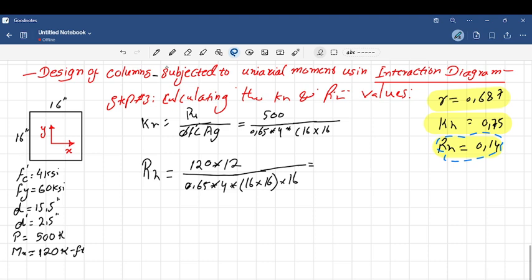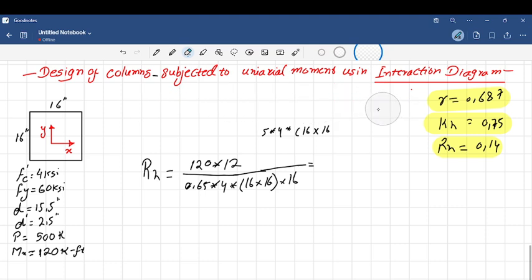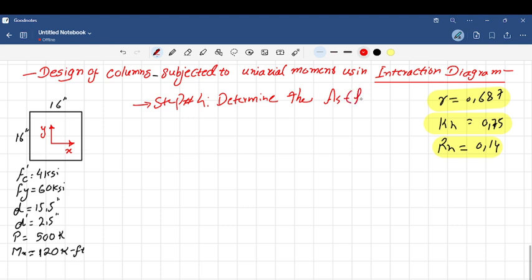Step number 4 would be, let me clean this writing in order to have space, step number 4: determine the steel percentage, the As, which is based on rho, which is the steel percentage.